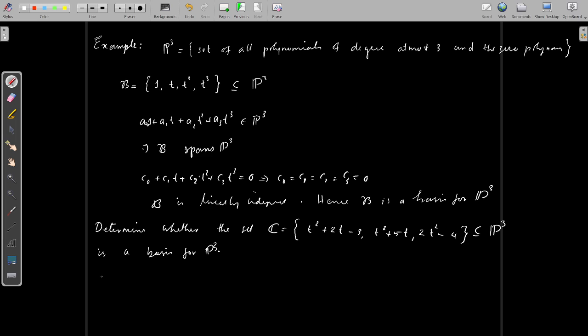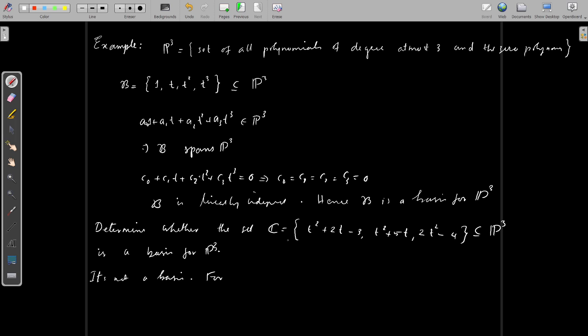The answer is trivial. It's not a basis, because the reason is very simple. If the set is a basis, then C spans P3 and C should be linearly independent.